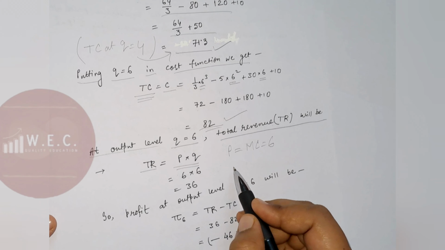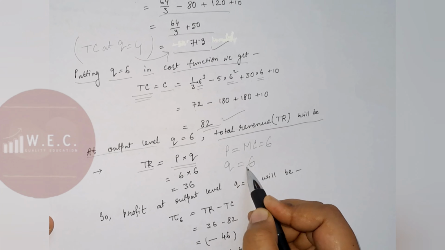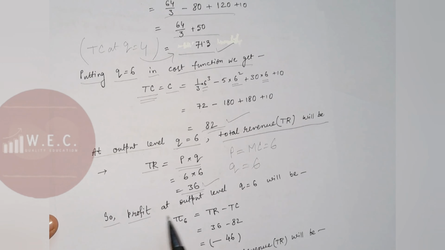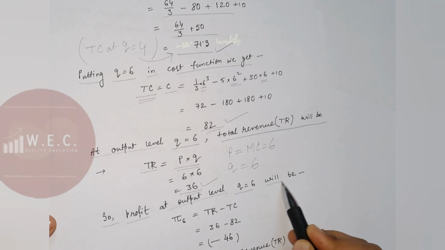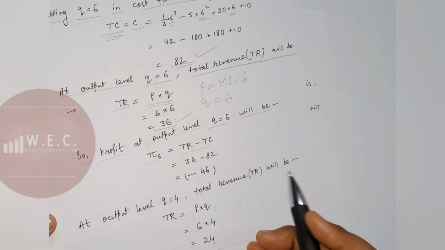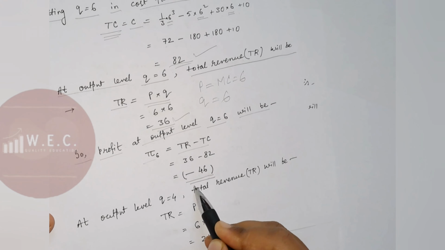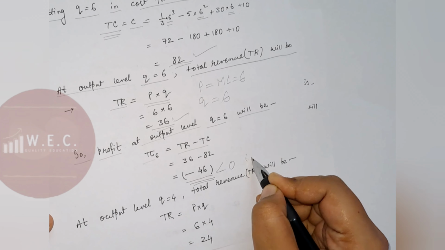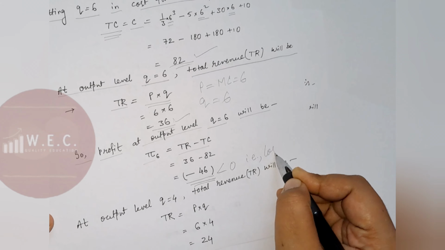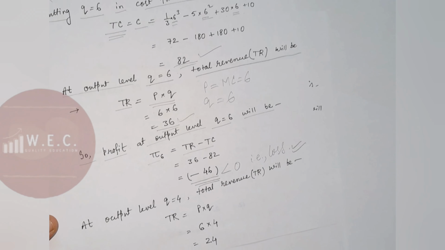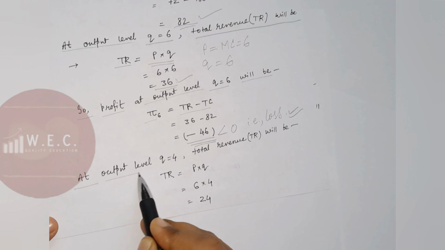So 6 into 6, total revenue will be 36. So profit at the output level Q equals 6 will be TR minus TC, and that equals minus 46. Minus 46 means profit is negative. That means the firm has made a loss.